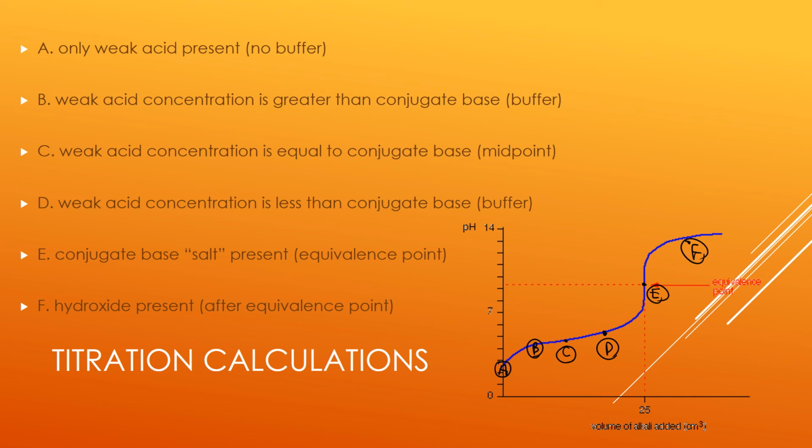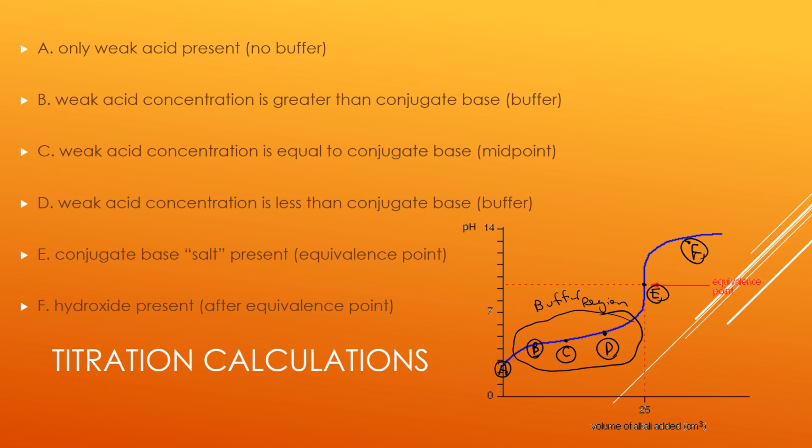Okay, so looking at A is when you have only a weak acid present. So when you are trying to find the pH for that point, you're going to use the weak acid approach that we talked about earlier. Remember that your buffer range is in this part right here. So this is our buffer range, or our buffer region.